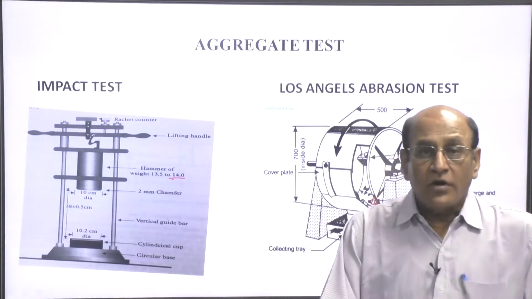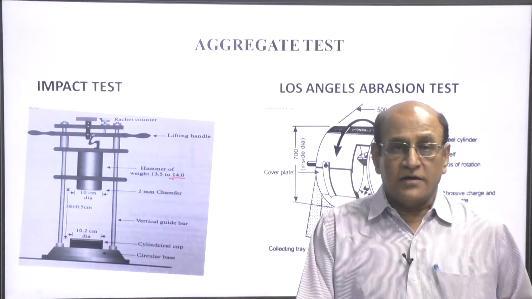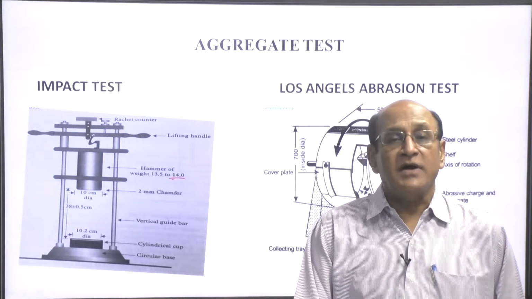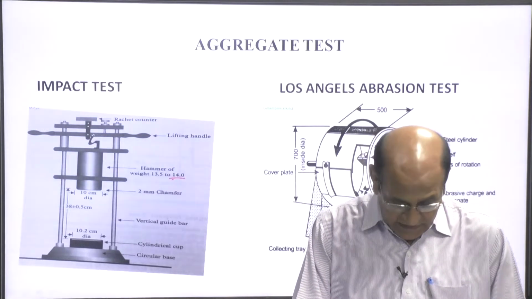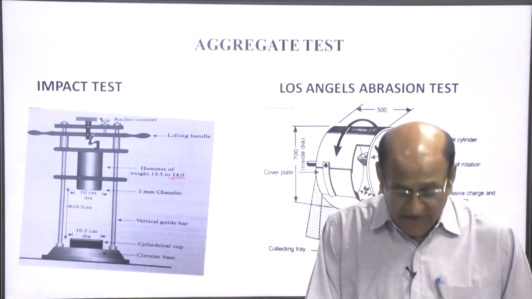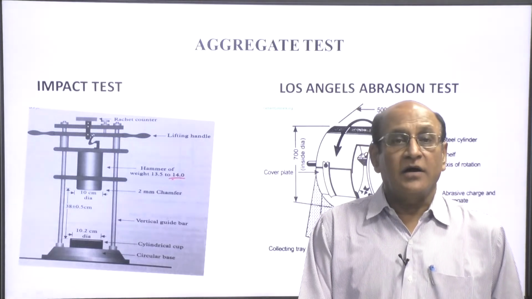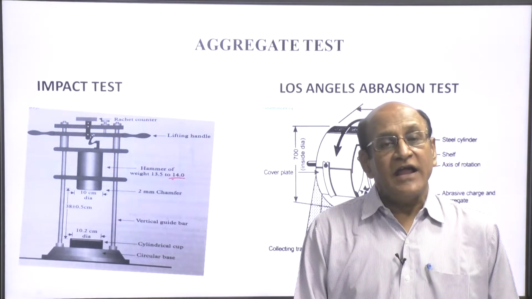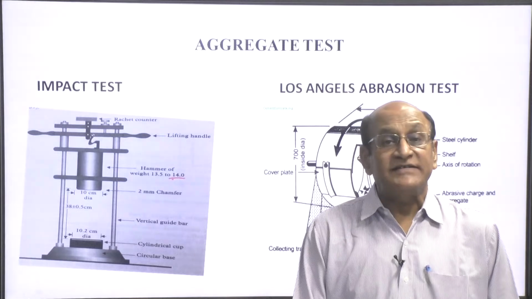So, now after the prescribed number of rotations, the abraded sample is withdrawn from the cylinder, and then it is passed through a 1.7 mm sieve.